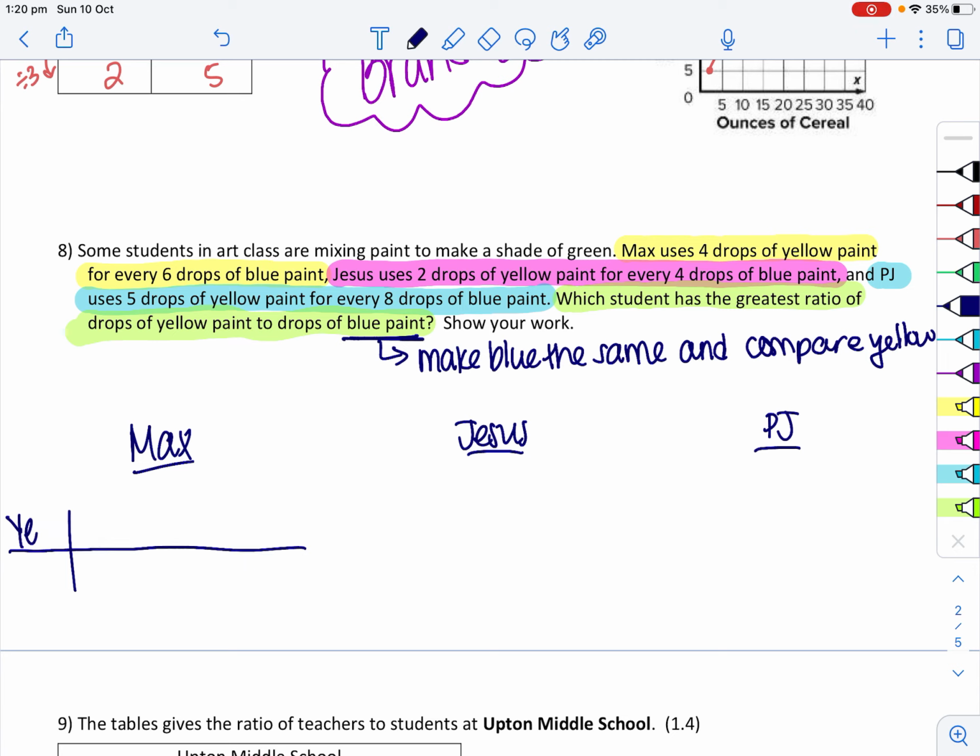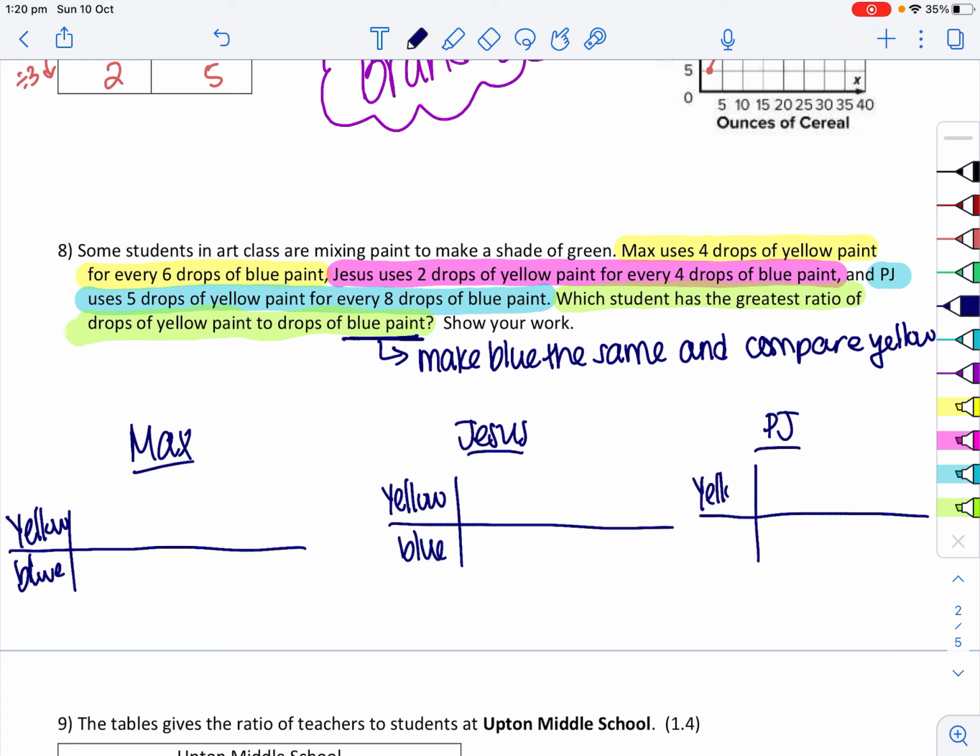So I'm going to have yellow and blue, yellow and blue, and yellow and blue. So Max is 4 to 6, Jesus is 2 to 4, and PJ is 5 to 8.